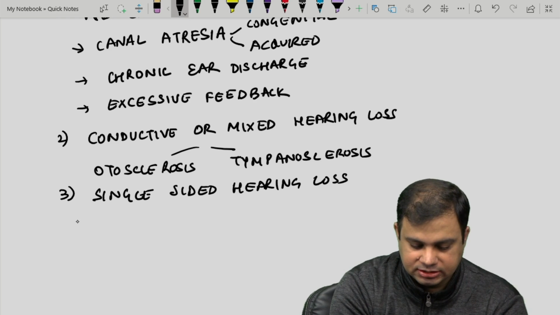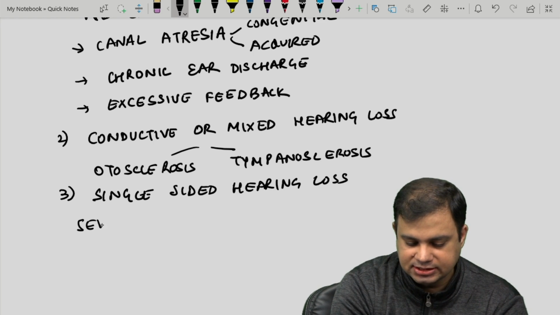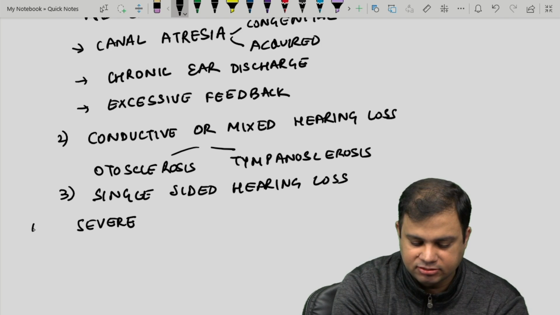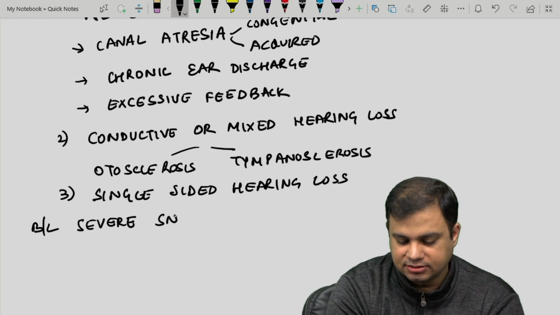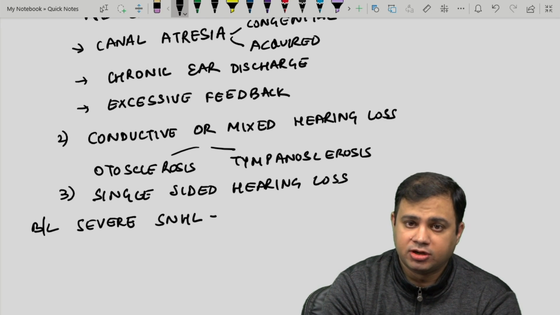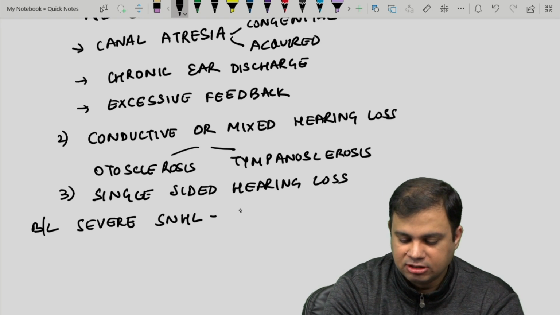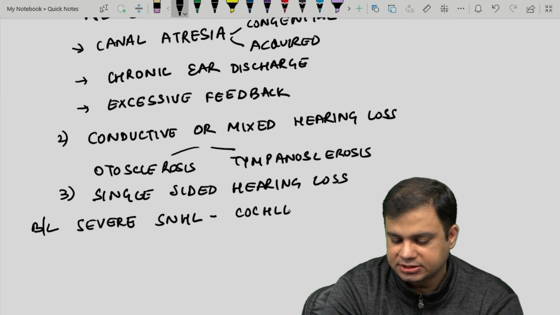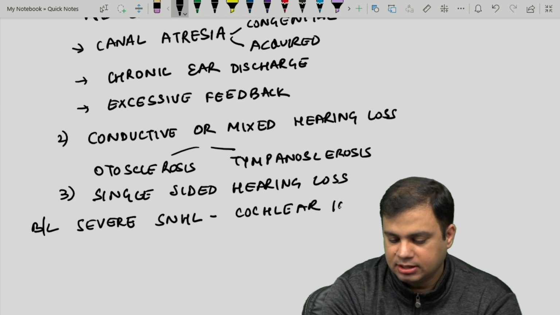Now, in the options there is a thing which says the patient is having a bilateral severe SNHL. Now, if there is a bilateral severe or profound SNHL, we do not use BAHA, we use what is known as a cochlear implant.